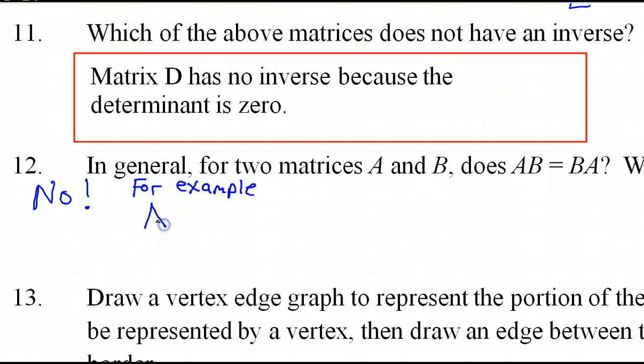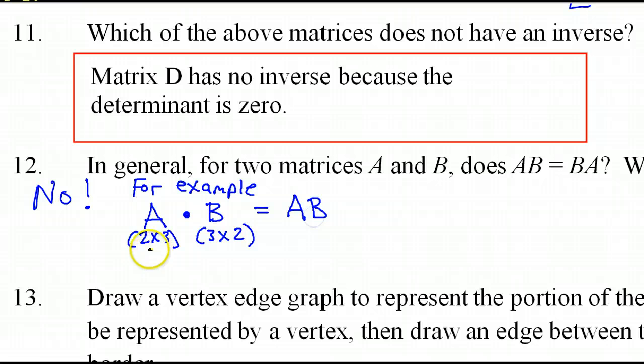Let's say that matrix A is a 2 by 3 matrix, and we want to multiply that times matrix B, which is a 3 by 2 matrix. That would be doable because the inner dimensions are the same, and the product AB would have dimensions 2 by 2, the outer dimensions.